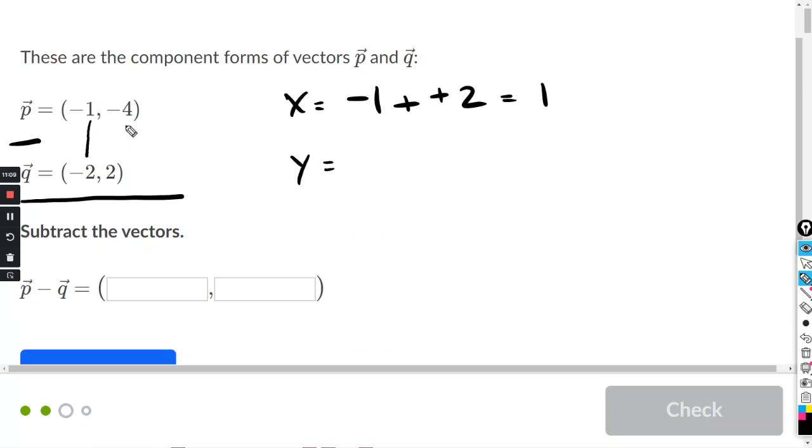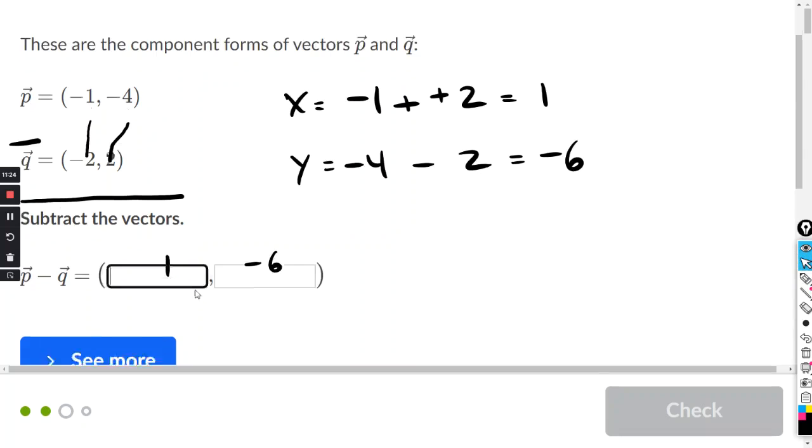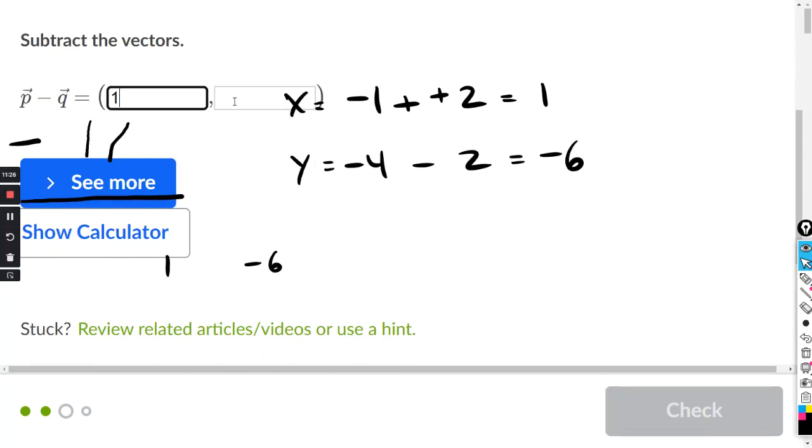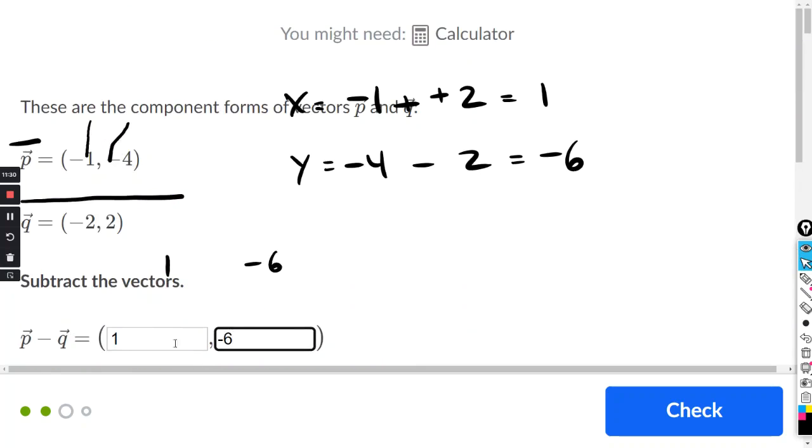And then negative 4 minus 2 is going to be negative 6. So we have 1 comma negative 6. So just type that in each box.